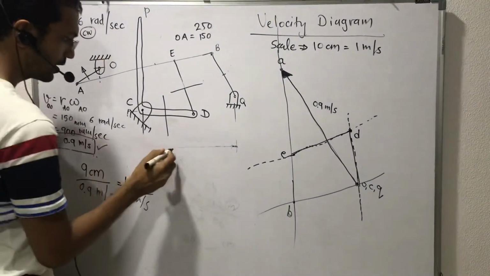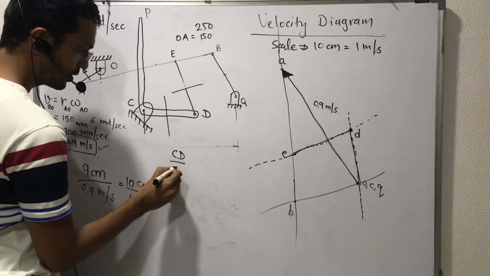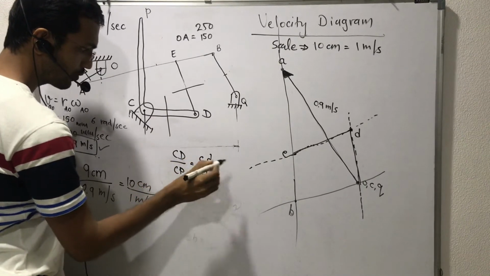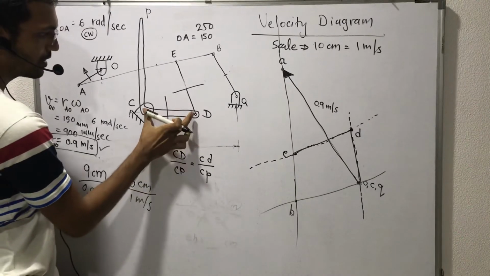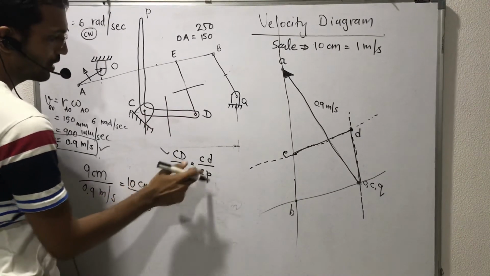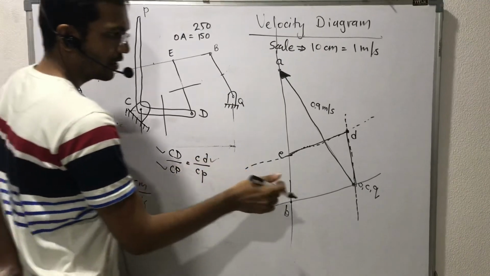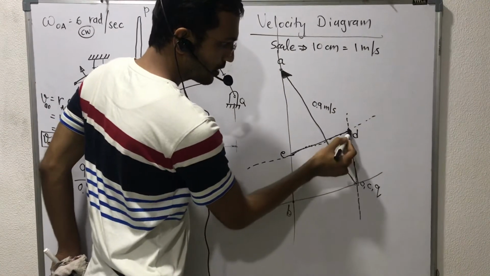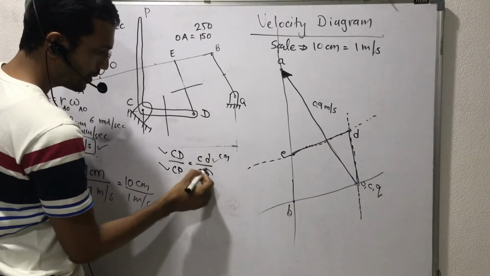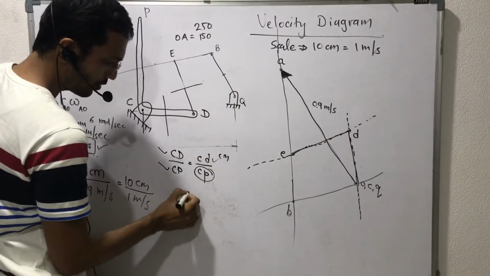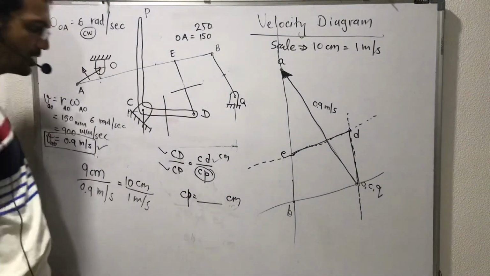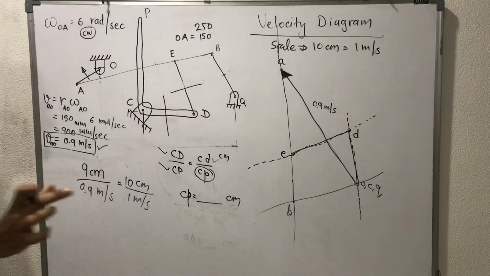So again, CD upon CP equal to in velocity small cd and small cp. CD dimension is given to you, so you can write again cp is known. Small cd you can measure from C to D in velocity diagram in terms of centimeter. Ultimately you have cp value in terms of centimeters, small cp, which is in velocity diagram.